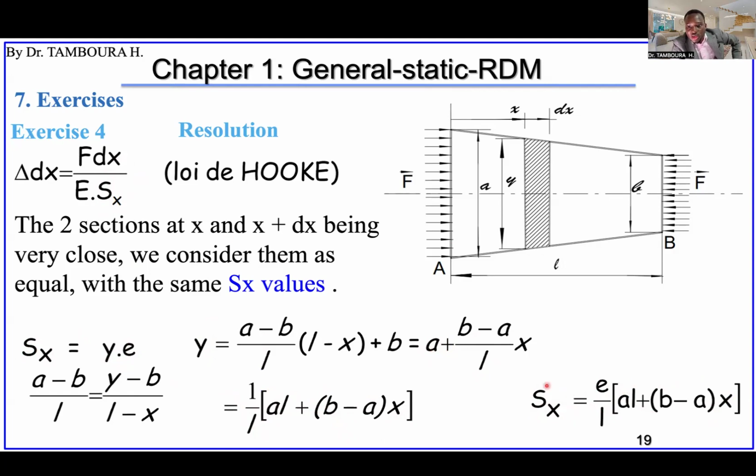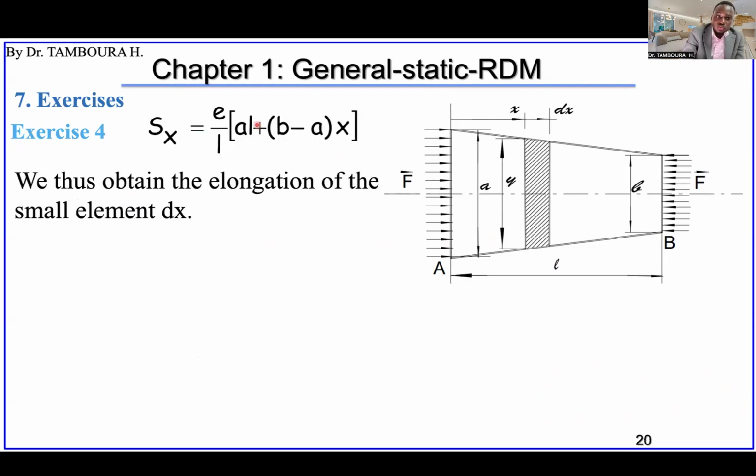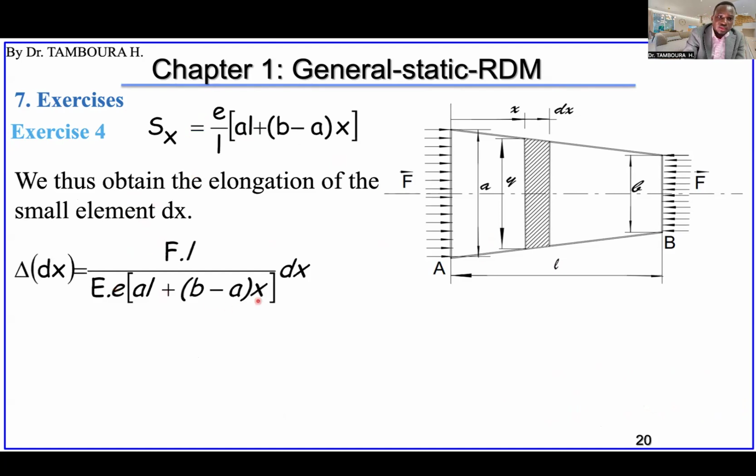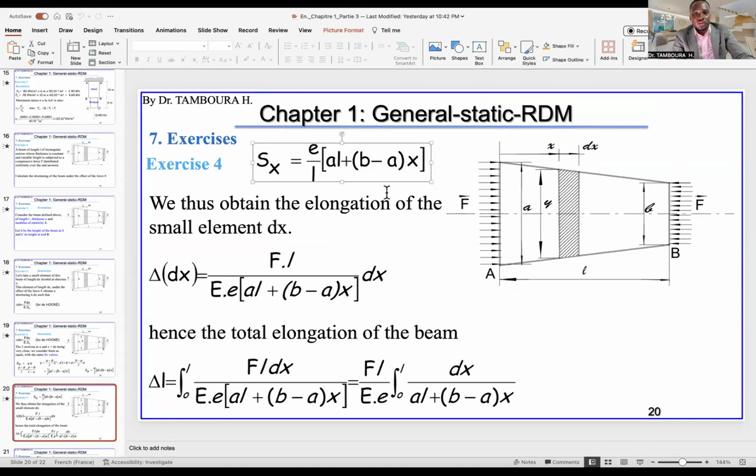This is our S, and we take this expression of S and replace it in the equation. By doing that, we obtain delta dx, which will be equal to this. Let me bring it back here. This is S.